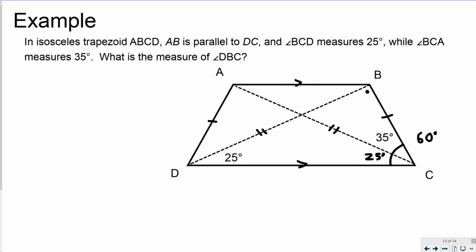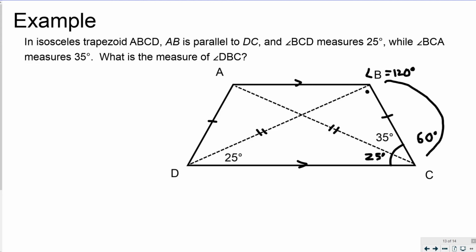And then logically, we remember that the two angles here are supplementary, which means angle B has to equal 120. But I'm not asked for all of angle B, I'm asked for a portion of it.